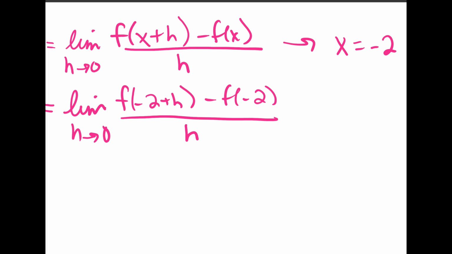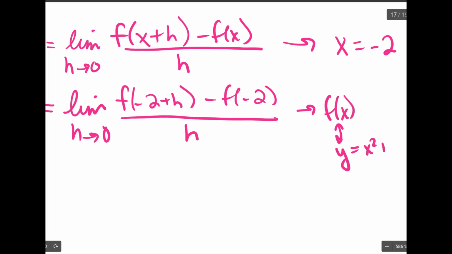Now that I have that, I know f of x, aka your y value. Those mean the same thing. I know y is equal to x squared plus 4. So I'm going to rewrite this, and everywhere I see an x, I'm going to plug in negative 2 plus h.